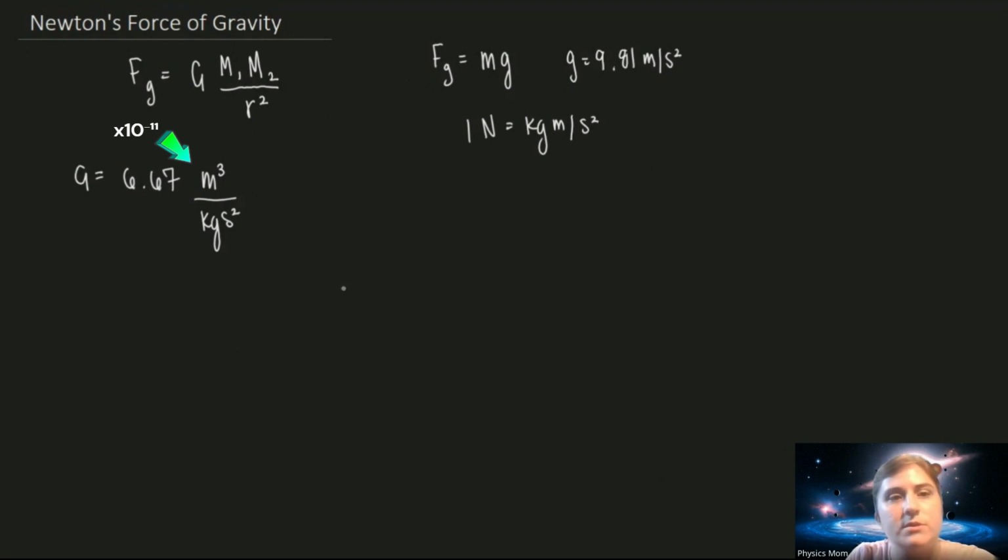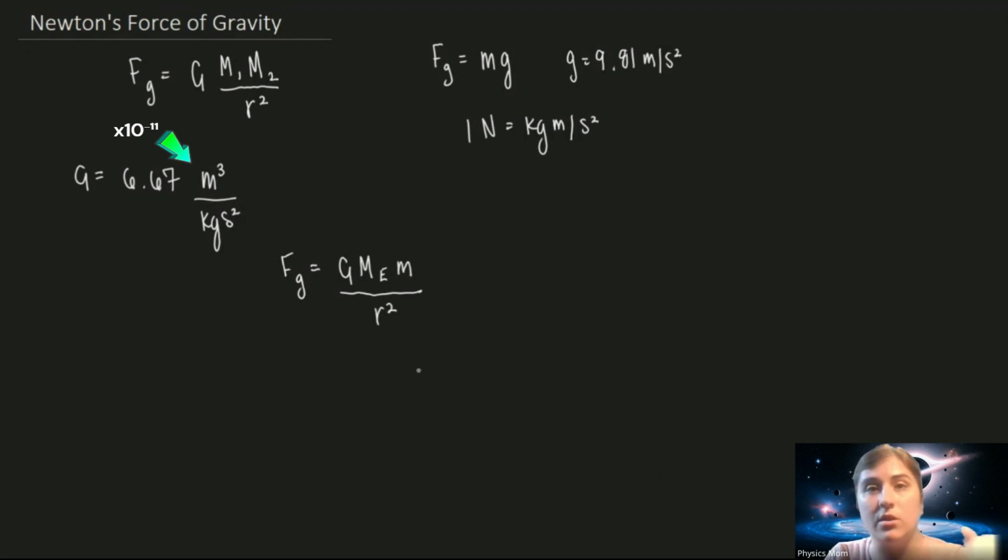In order to understand Earth's gravitational acceleration being 9.81, we're going to expand this equation. The gravitational force between a mass and Earth is equal to the gravitational constant, times the mass of Earth, which I'll call m_e, times a little m for the mass of an object falling towards Earth, divided by the radial distance squared.